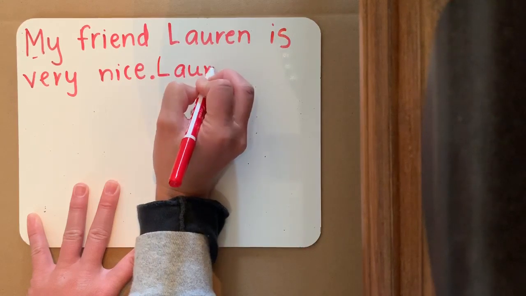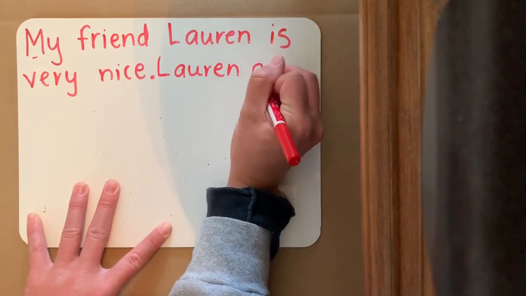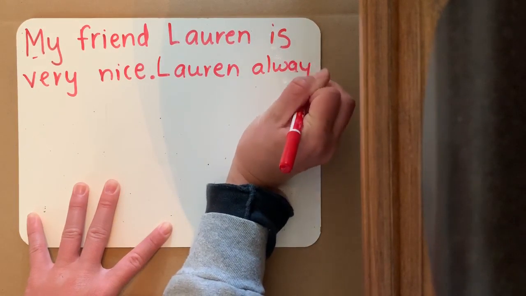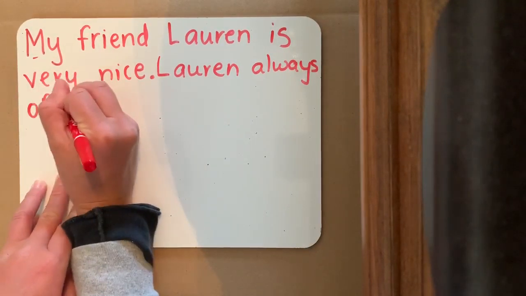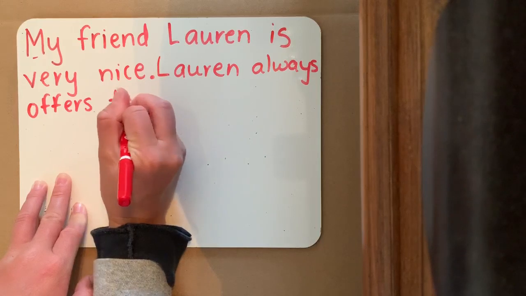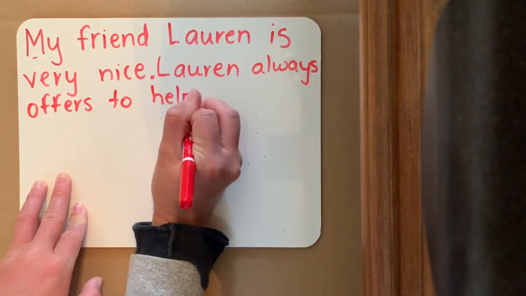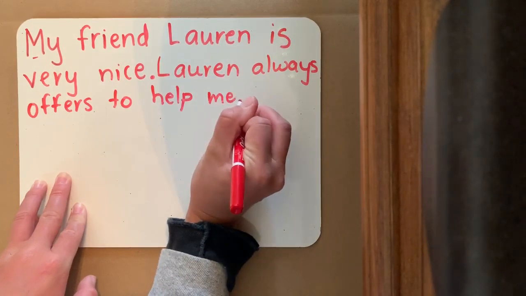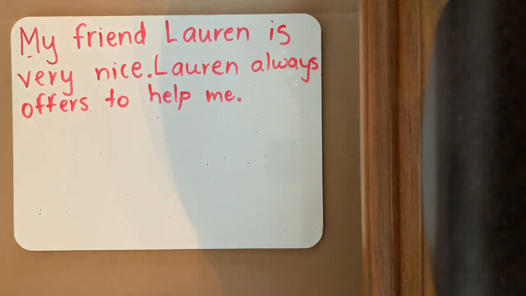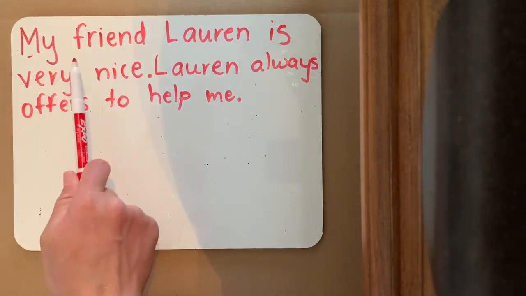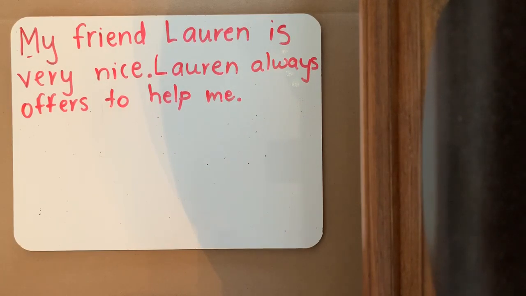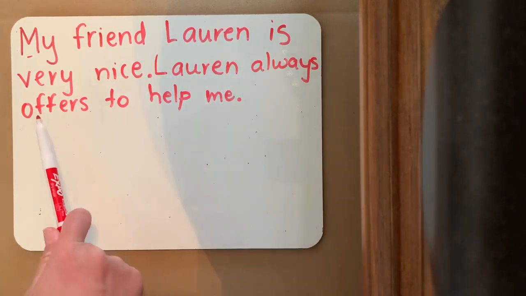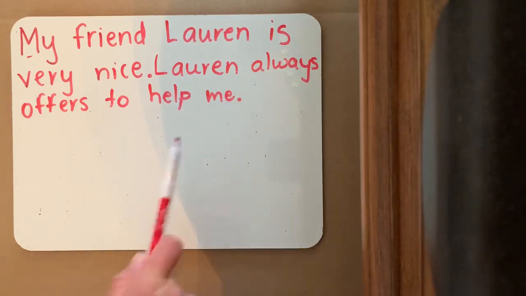Lauren always offers to help me. So I wrote who is nice, my friend Lauren, and I wrote why she is nice. Lauren always offers to help me. She is nice because she helps me.